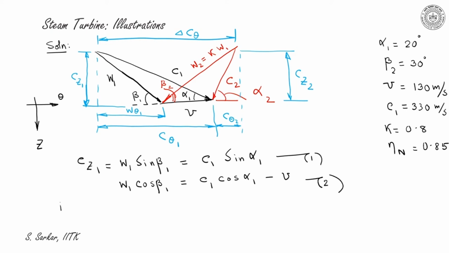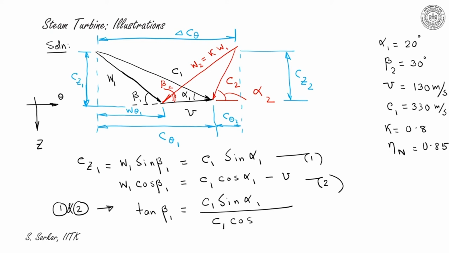Now from 1 or 2, I can get tan beta 1 equal to C1 sine alpha 1 divided by C1 cos alpha 1 minus U. Here I know the value of C1, which is 330 meters per second.